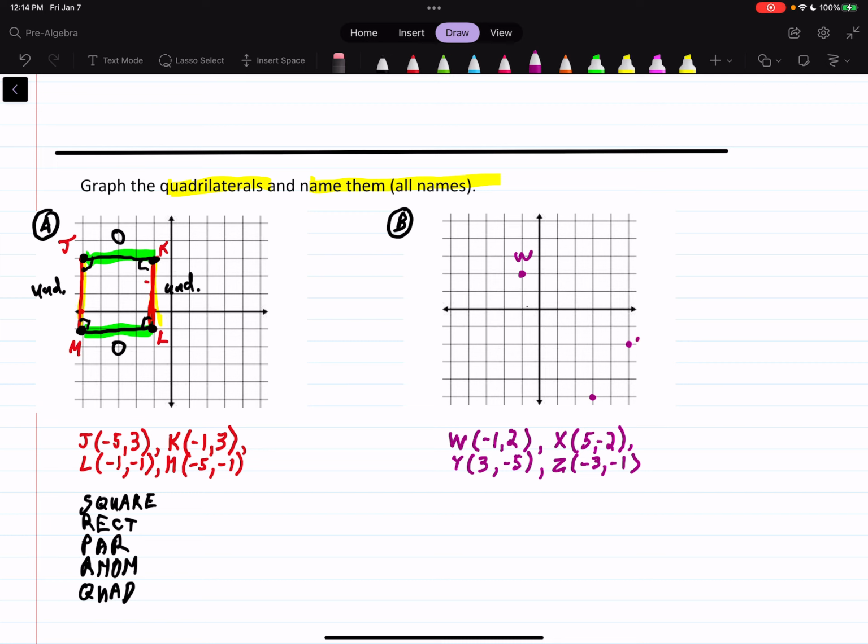Let's see, this is W, this is X, this is Y, and then Z is -3, -1. And if we draw these guys out, we have to see if they're parallel. And we're going to do that by looking at the slopes.